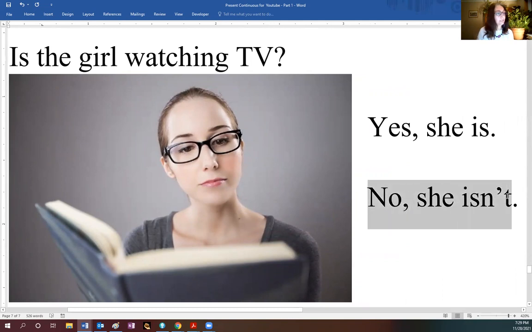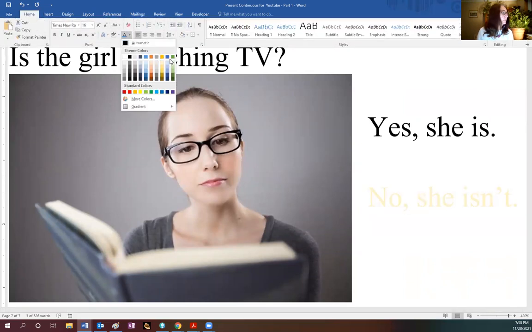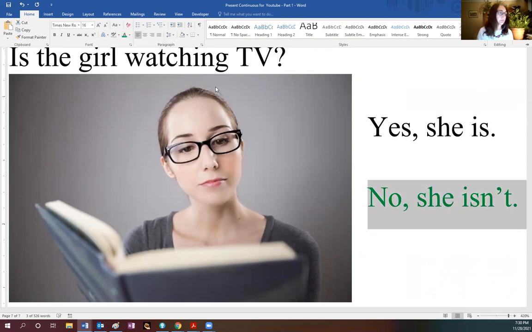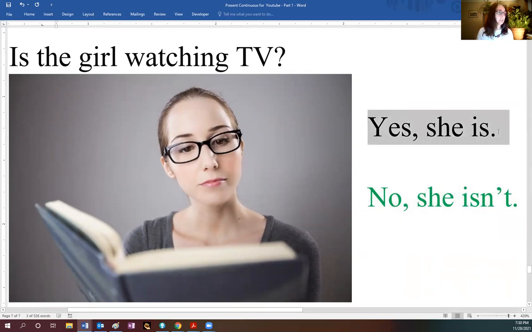No, it doesn't look like it. So no, she isn't. That's the good answer. So if this is the good answer, I make it green, because green is for go. And yes, she is, that's not a good answer, so I will just cross it out.